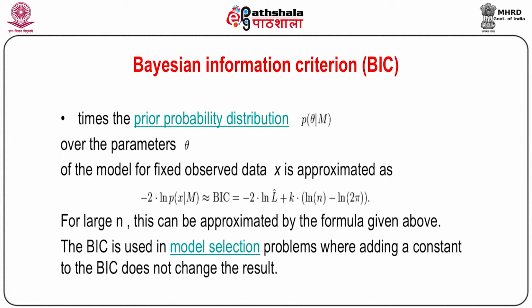For large n, this can be approximated by the formula given above. The BIC is used in model selection problems, where adding a constant to BIC does not change the result.